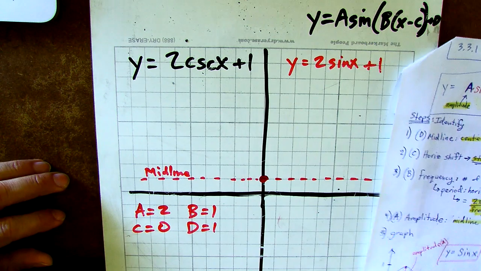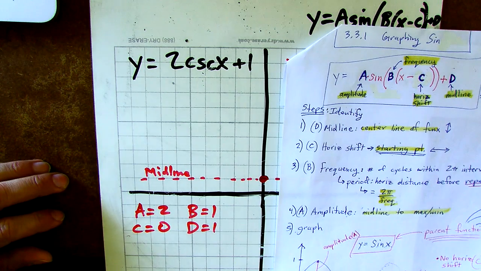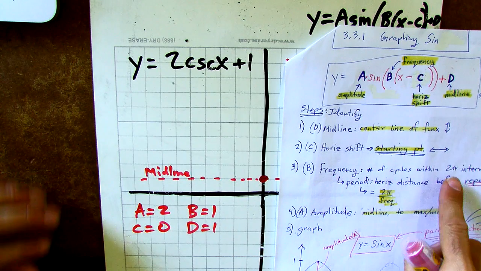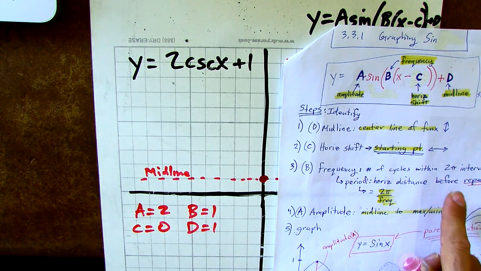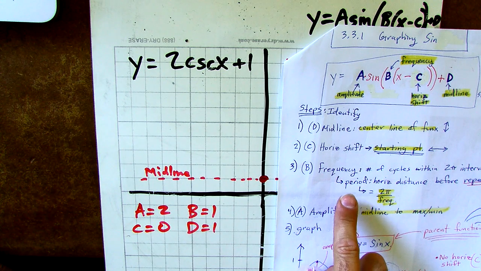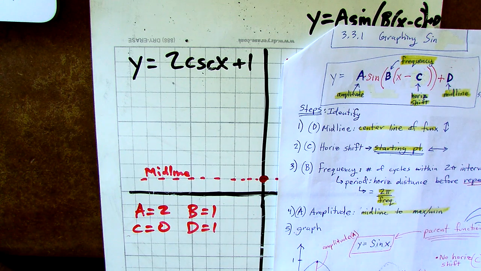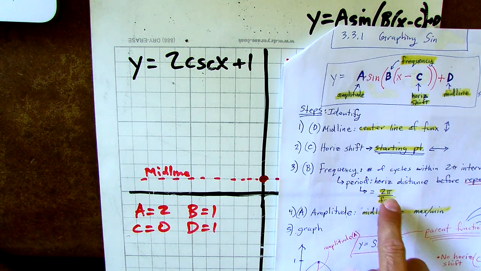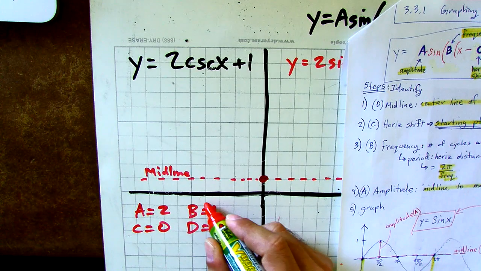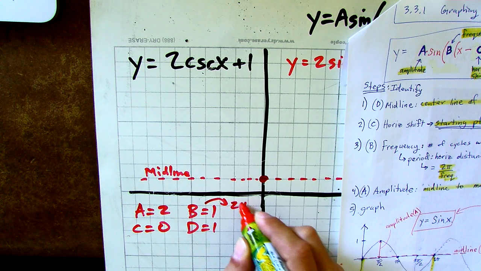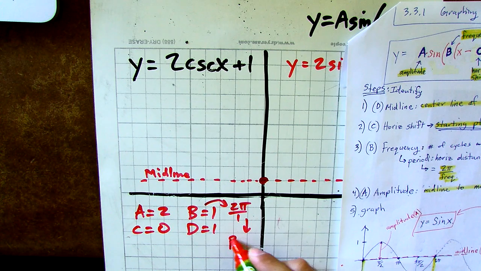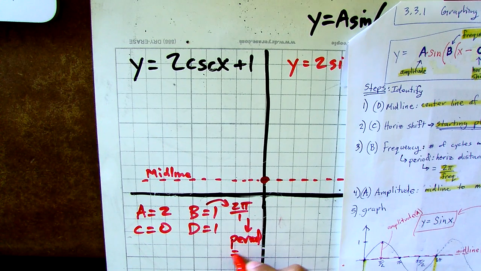What is next? All right, next we have to look at the frequency. This is the number of cycles within a 2 pi interval. So to find the period, which is how long it takes before it repeats, we have to take 2 pi and divide it by the frequency. So let's go ahead and do that down here. We get 2 pi divided by the frequency, and our period is equal to 2 pi.